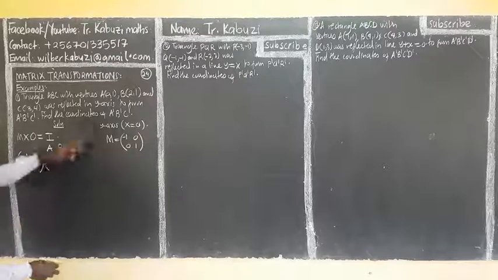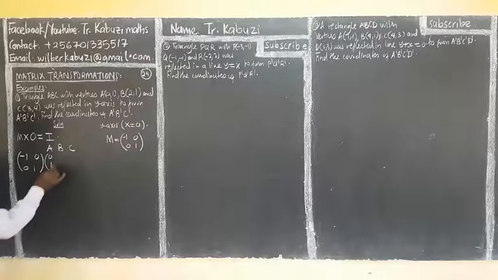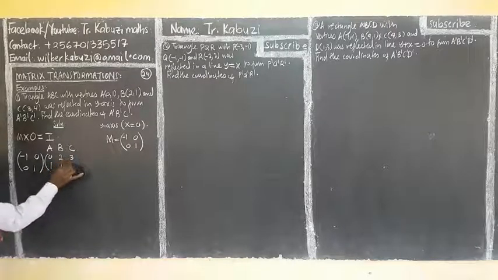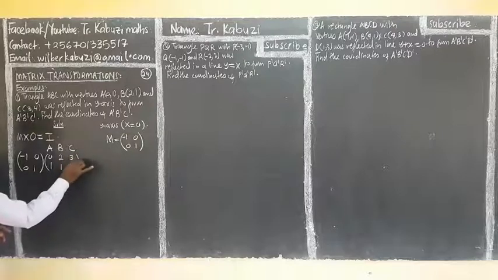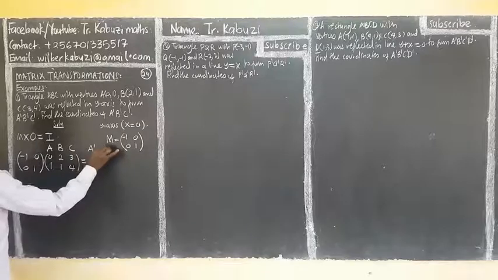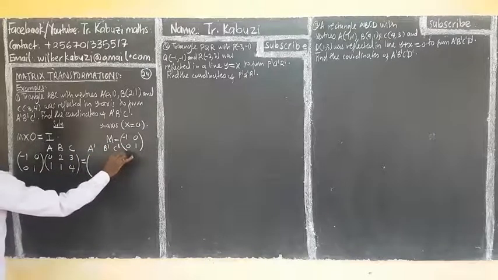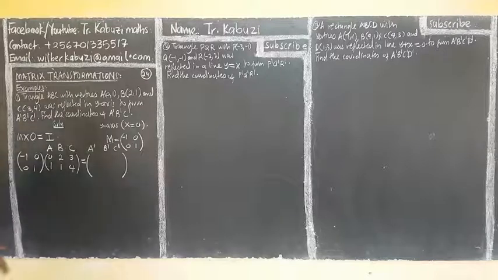So our A, B, C, we just convert them to position vectors, then (2, 1), then (3, 4). Then if we multiply these, we get our A prime, B prime, and C prime as so.